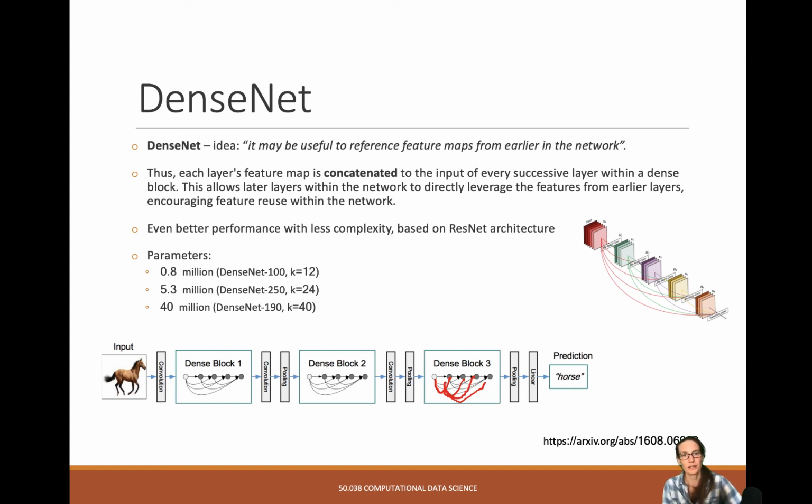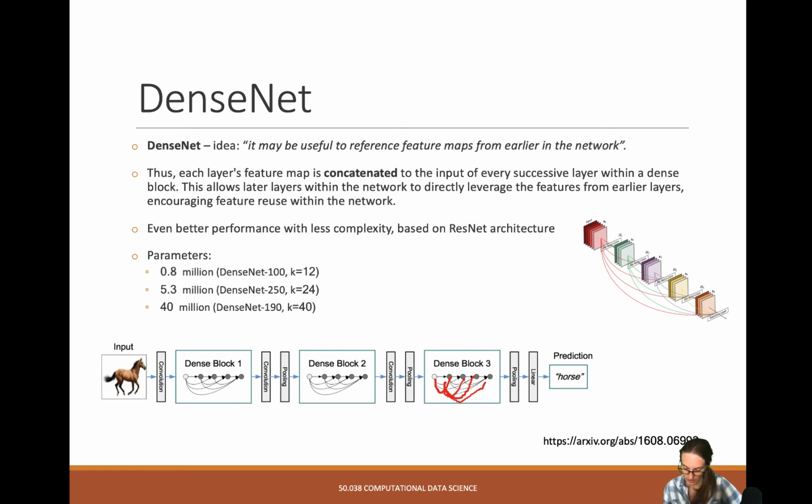Again, each layer's feature map is concatenated, so depth concatenated together. It has even better performance with less complexity, and it's based on the ResNet architecture because of these identity connections, which happen way more frequently within the block, and they're concatenated versus added together.